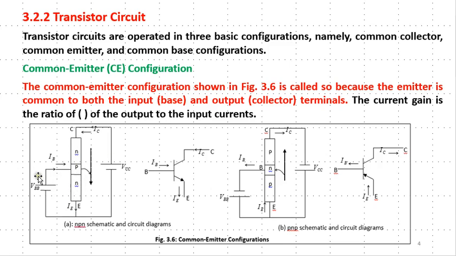This is VBB, a voltage being applied to the base, but the negative terminal of that voltage is connected to the emitter. And VCC is a voltage connected to the collector, but its negative terminal is also connected to the emitter. So we can say the emitter is connected to both the input and the output, and for this reason, we call it a common emitter configuration.